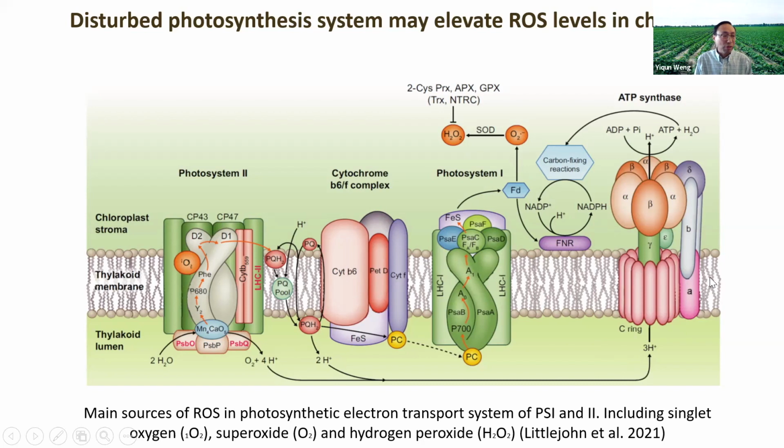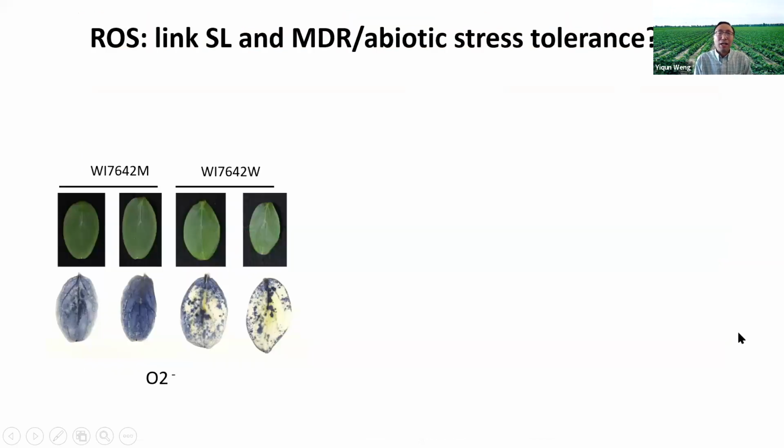So we speculate this disturbed photosynthesis system may increase the production of ROS. Indeed, we measured the ROS in the mutant and wild-type lines, by staining with the oxygen reactive dye. You can see a much higher level of ROS in the mutant line.